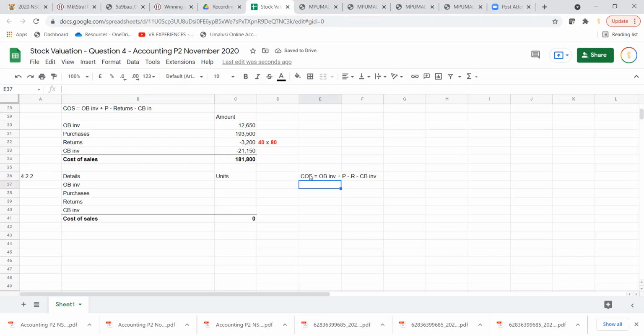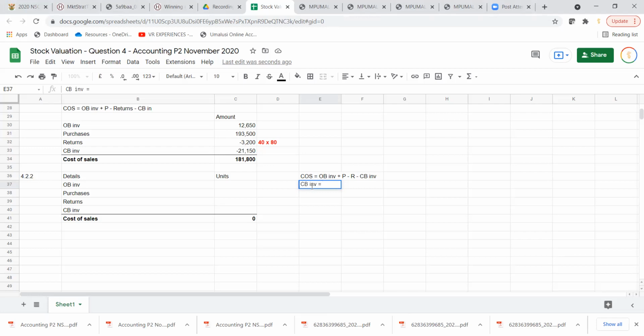If I rearrange the equation, if I take closing balance and make it the subject of the formula, meaning I take it to this side of the equation, when you take something from one side of the equation to the other, the sign changes. So minus closing balance becomes a positive closing balance inventory equals.